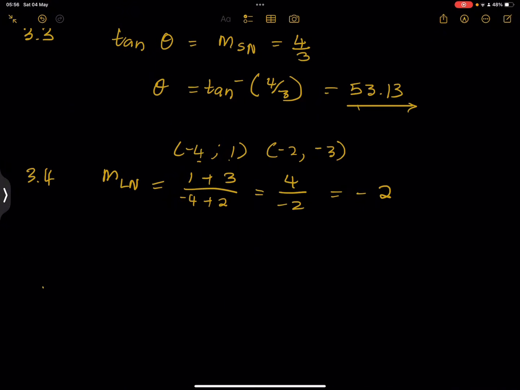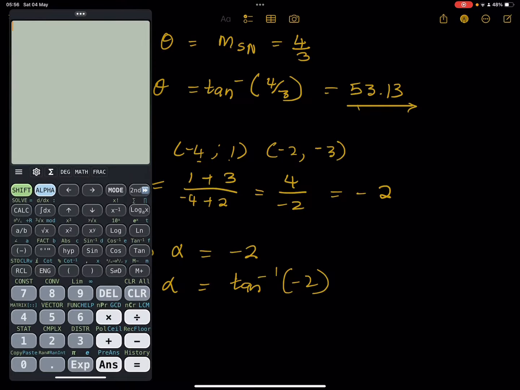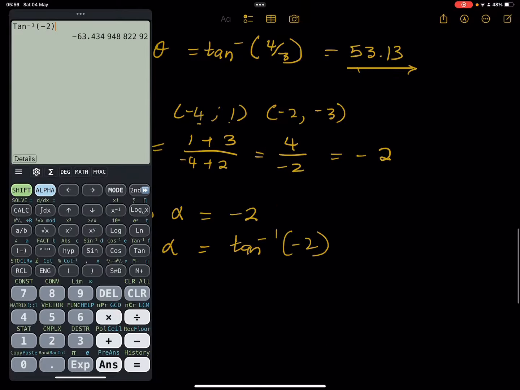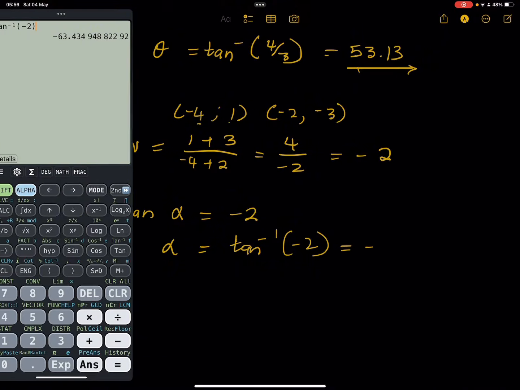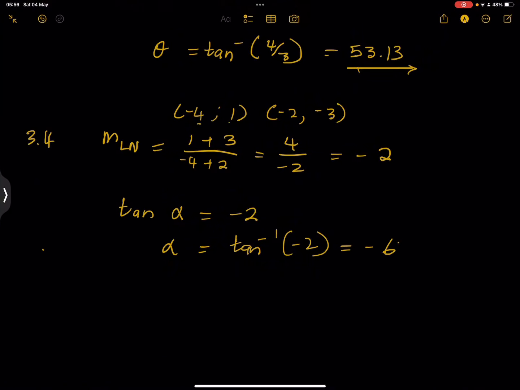So I'm going to say the tan of alpha is equal to -2. And so alpha would be equal to the arctan of -2. If I shift tangent of -2, I get -63.43. But remember, in this case I'm getting the negative, and I'm going to show you just now.